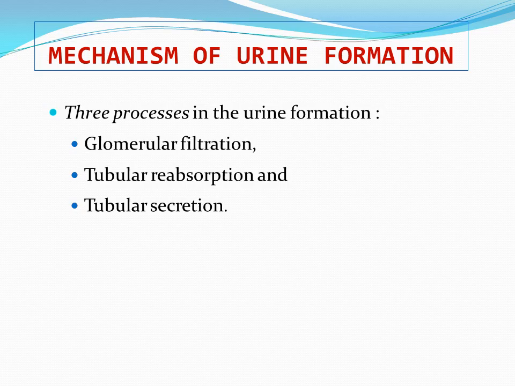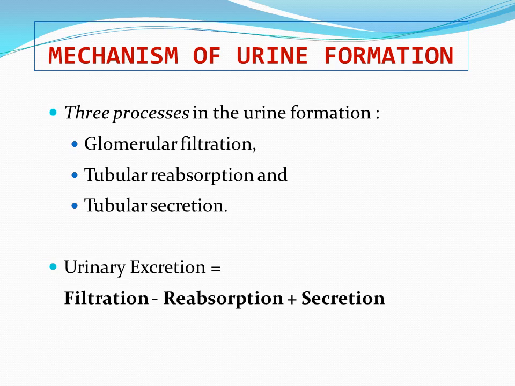Then out of that filtrate, the maximum will be taken up again by the renal epithelial cells and given back to the blood. So most of it will be reabsorbed, and at a certain level in the renal tubules there will be secretion of certain substances from the blood into the renal tubular lumen. These three basic processes make up urine formation.